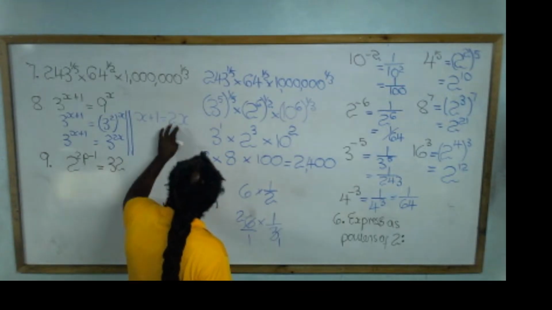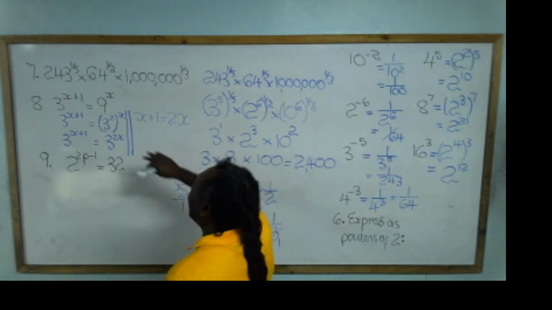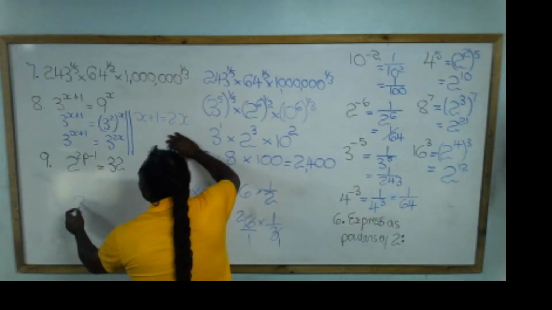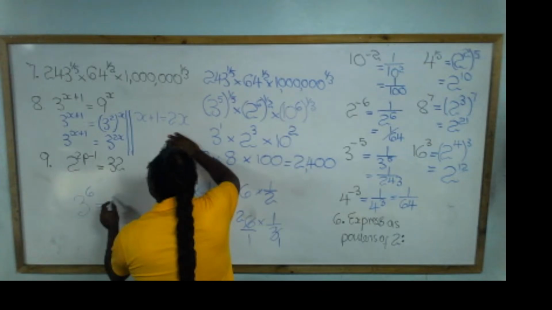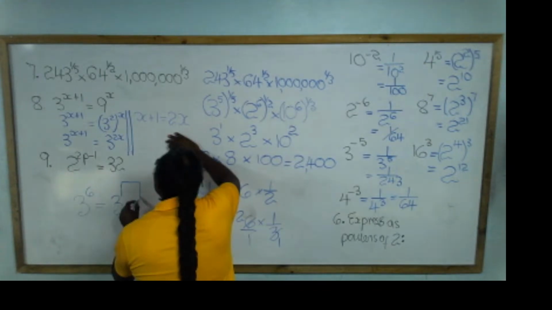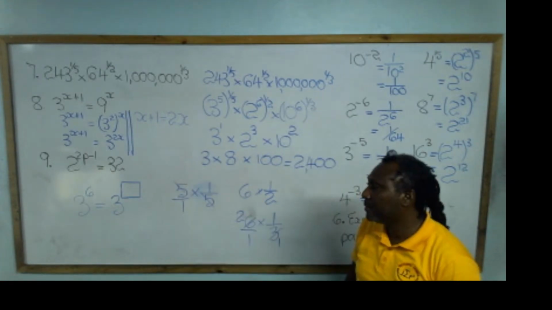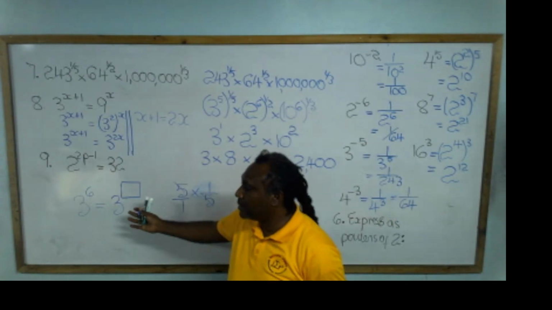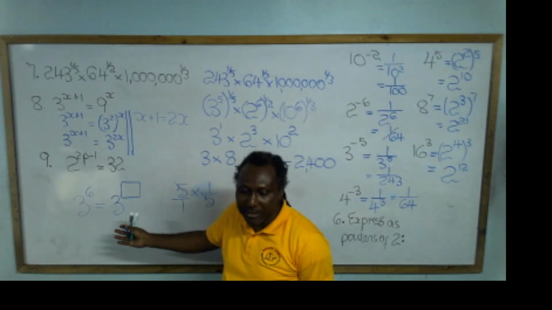Let me show you how we arrive at that conclusion. Let's say you have 3 to the power of 6, and that is equal to 3 to some power inside of this box. What power would you put inside of the box? Because if they are equal, the bases are equal, the two sides are equal.